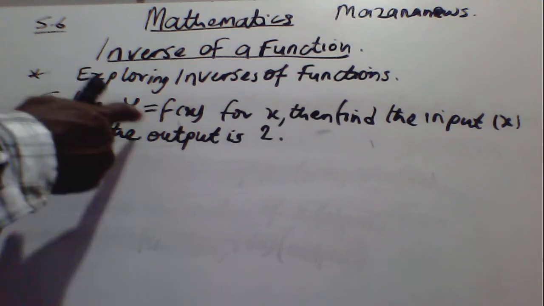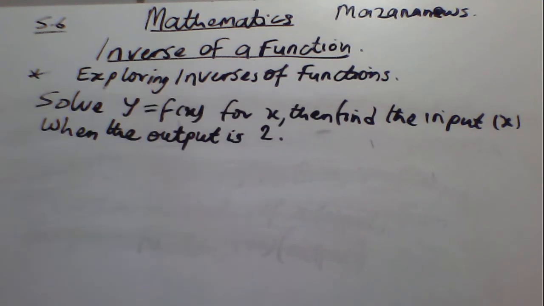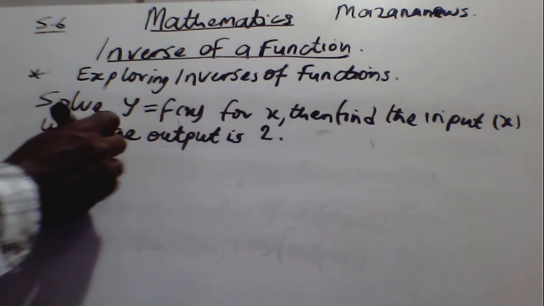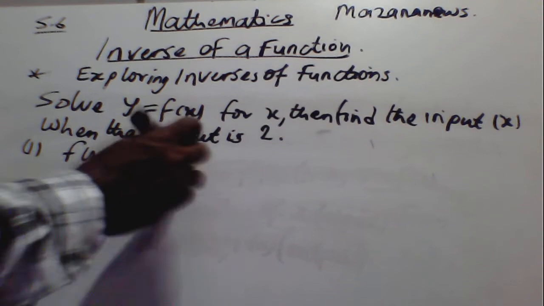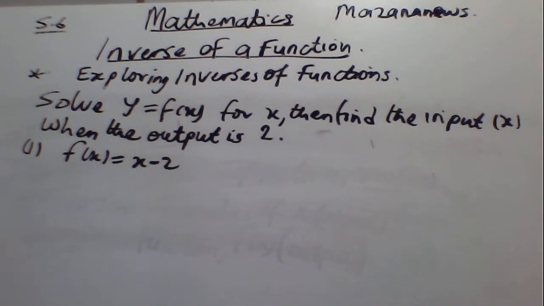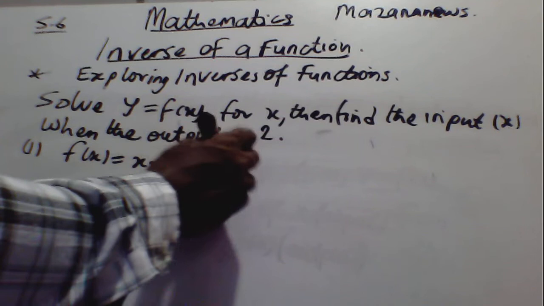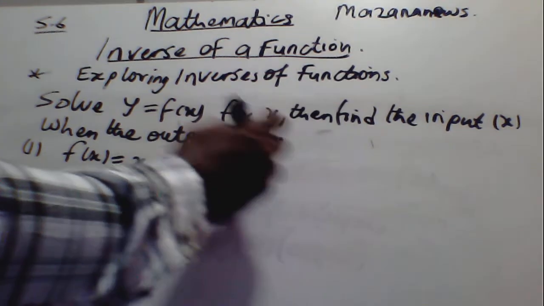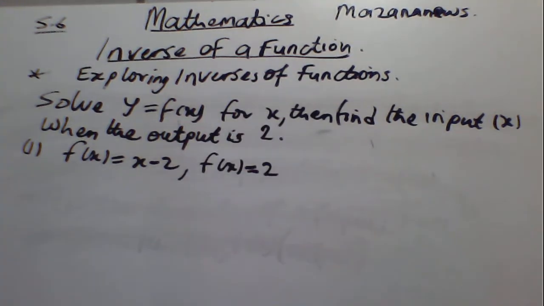So solve y equals f of x for x, then find the input when the output is 2. You are given the first question: f of x is equal to x minus 2. You are told the output f of x is 2.